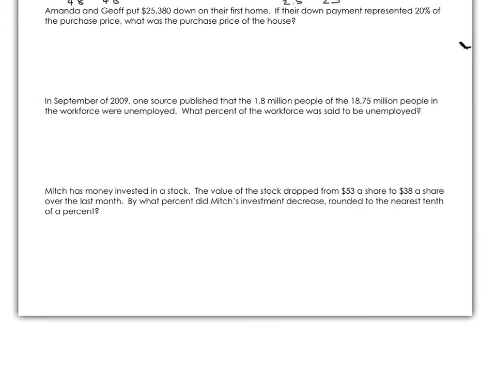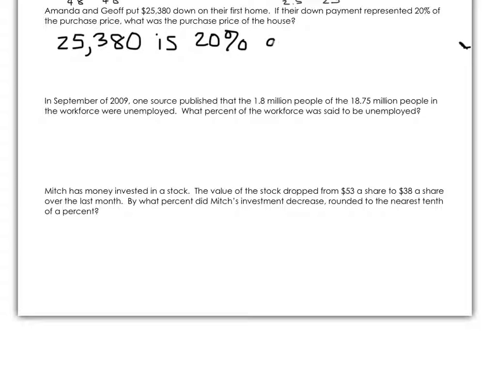Amanda and Jeff put $25,380 down on their first home. If their down payment represented 20% of the purchase price, what was the purchase price of the house? Sometimes I like to put the numbers in a sentence, putting all the information in one sentence. So my sentence would be 25,380 is 20% of what number?